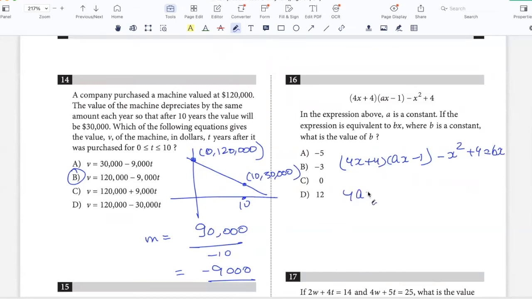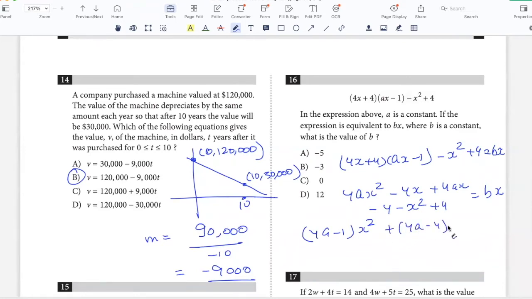So 4ax squared minus 4x plus 4ax minus 4 minus x squared plus 4 is bx. So (4a minus 1)x squared plus (4a minus 4)x, and minus 4 and plus 4 cancels, is bx.